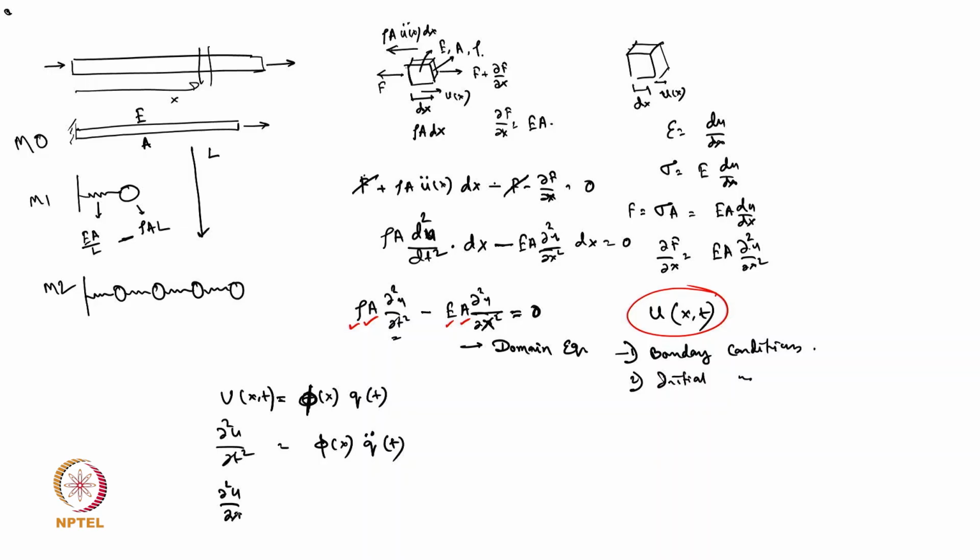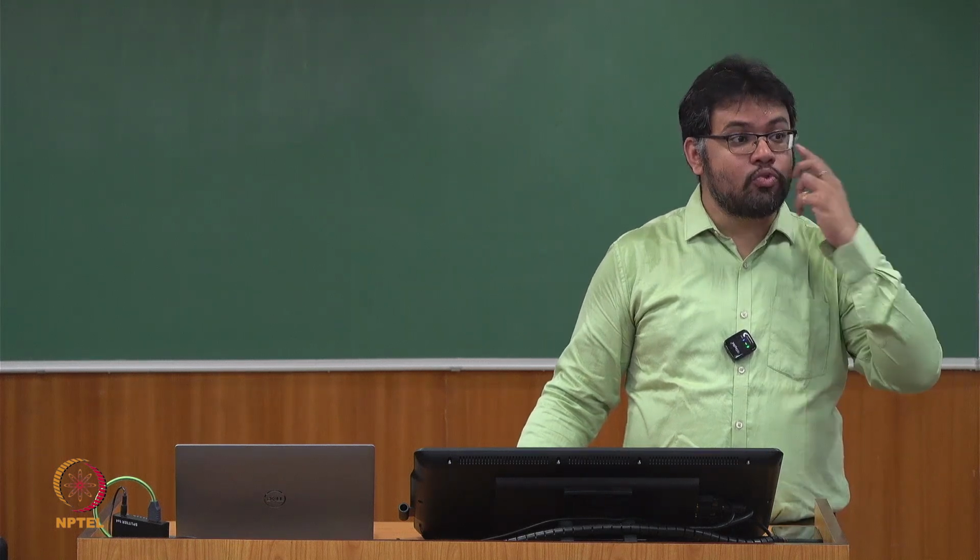Now, how about this one? Now you tell. This is, yes, phi, not phi double dot, phi double dash. Because dot we are using once we are doing the derivative in terms of time, but dash we are using once we are doing it in terms of x or space.